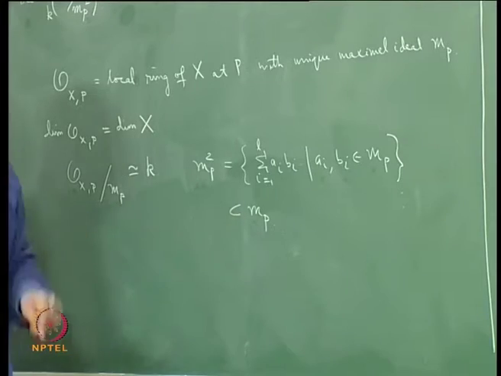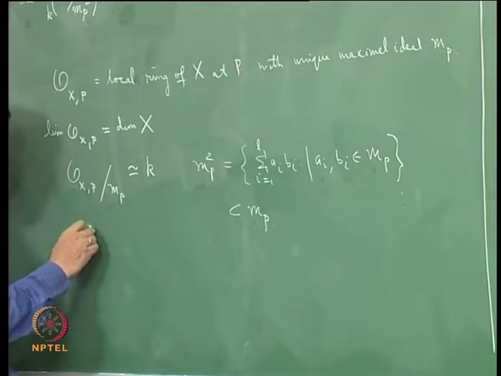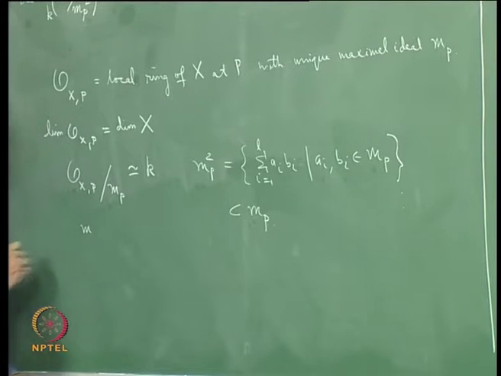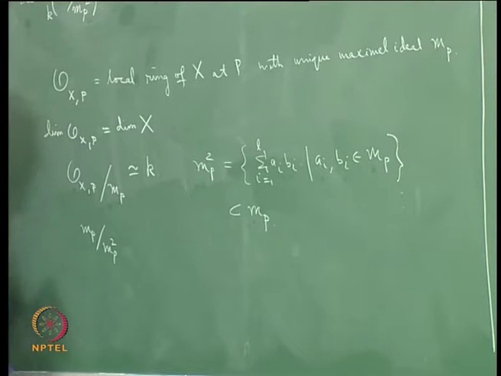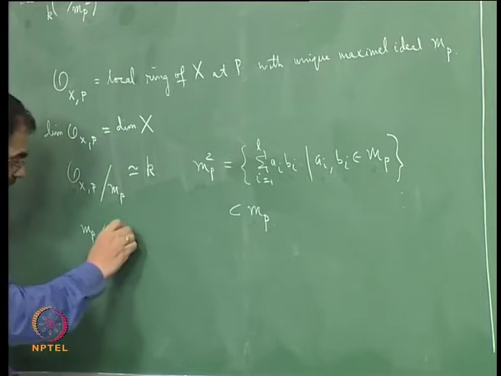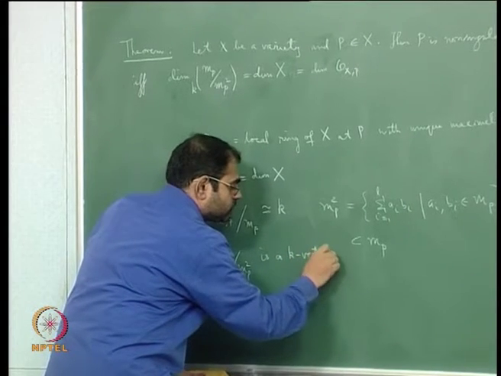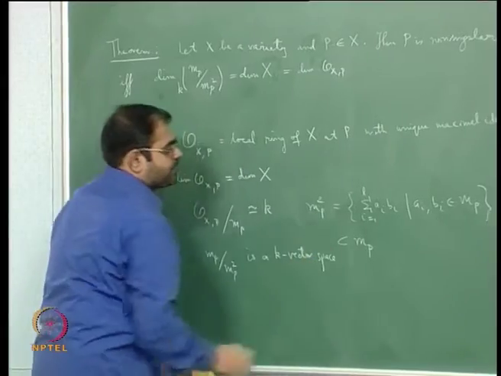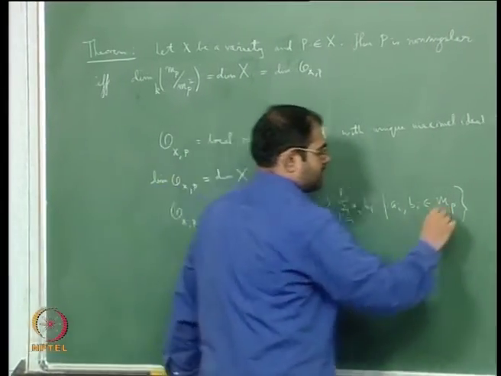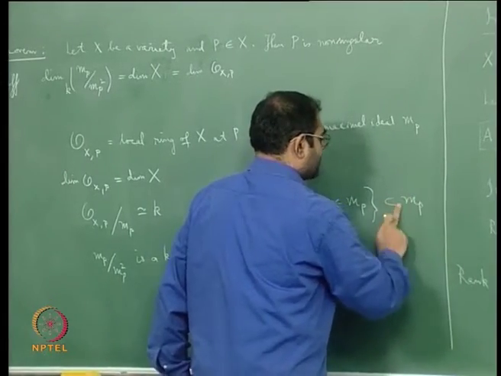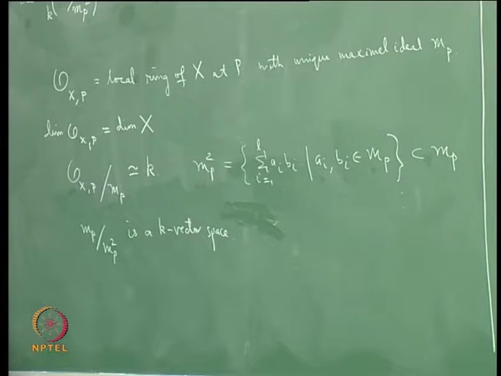So this is contained inside MP, but the point is that if you look at MP mod MP squared, this is a k vector space, and it is a k vector space just because of this fact, because O mod M is k.